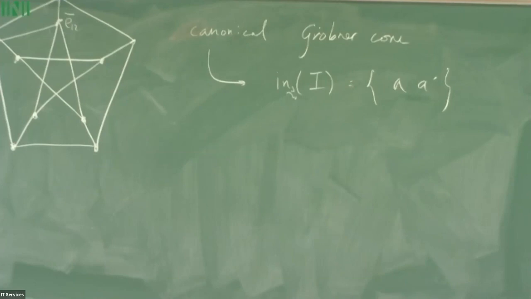For Gr(3,6), to see the same phenomenon, you actually have to extend the ideal by some suitable choice of extra variables. And those variables are just the quadratic letters from the cluster algebra. So you have to introduce some new coordinates into your ideal. Once you've done that, the rays of the positive tropical Grassmannian define a unique canonical Gröbner cone whose initial ideal is the list of all non-adjacent letters from the cluster algebra.